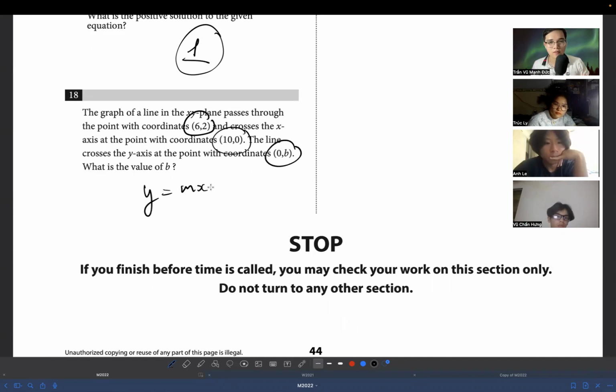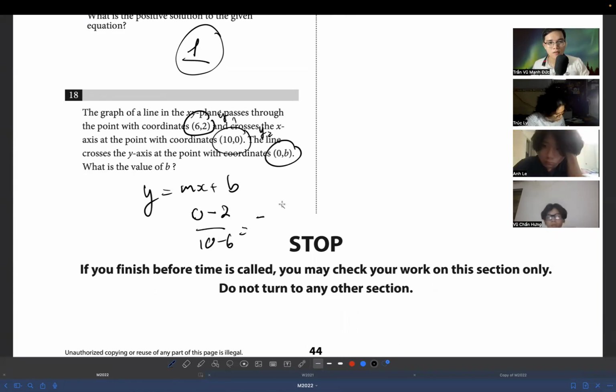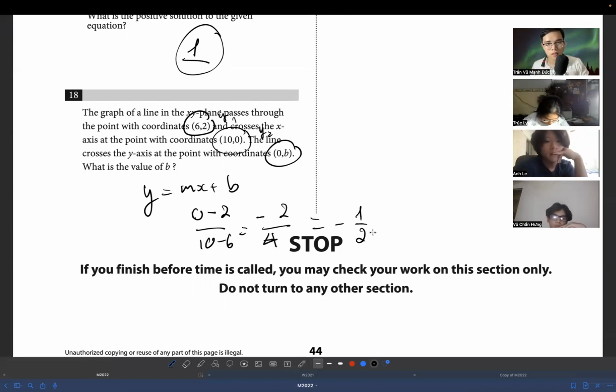Use mx plus b. I'm going to pick this as y2, and this as y1. Anything would do. Y2 is 0 minus 2, over 10 minus 6, which is minus 2 over 4, so the slope is -1/2. So y equals -1/2 x plus b.